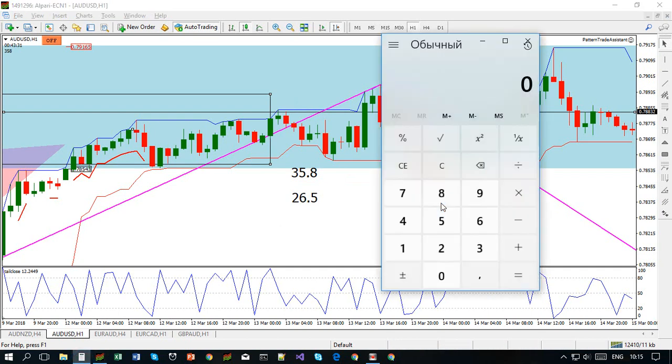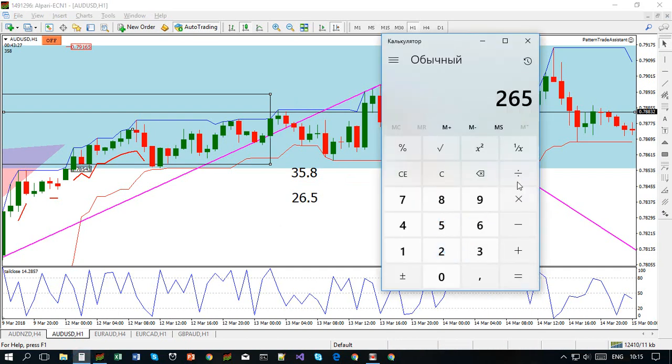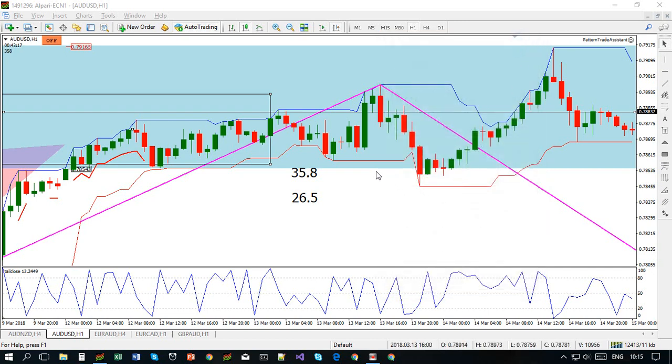And if you calculate that, 26.5 divided by 35.8, instead of the full stop loss, I will only have 74% of that stop loss. I cut my loss by a quarter, by 25%. So my stop loss is 25% less.